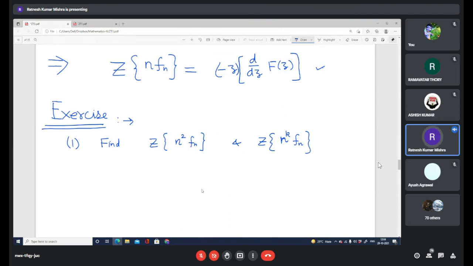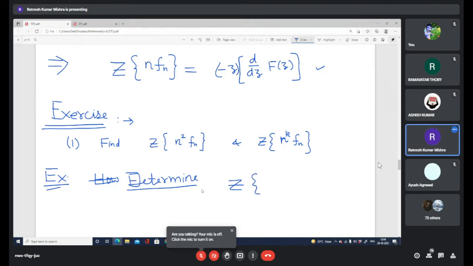And we can find simple problems on this one, Z transform of nFn. How to find? Just determine Z transform of n, Z transform of n square.